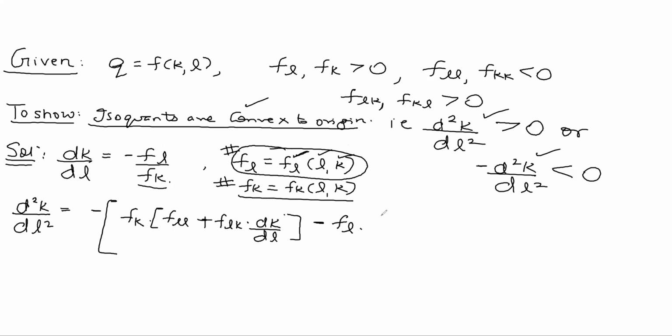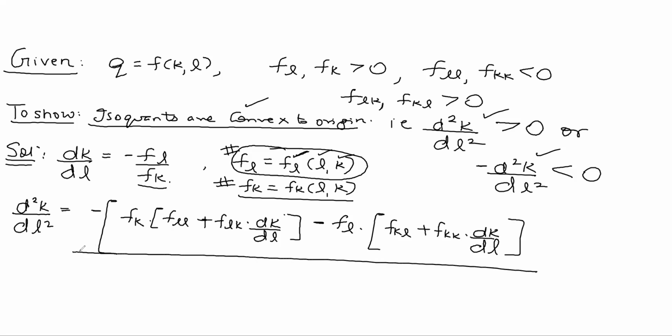Now the derivative of FK will be FKL plus FKK into dK by dL, since capital itself is a function of labor, upon the denominator square, which is FK square. I hope all students have understood how we have got this.